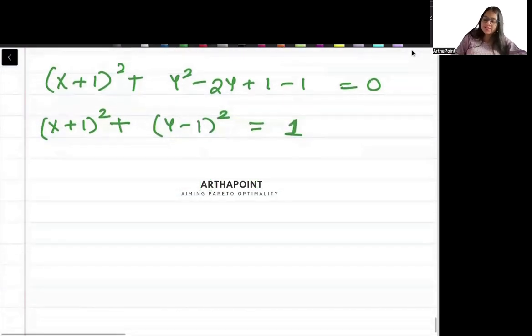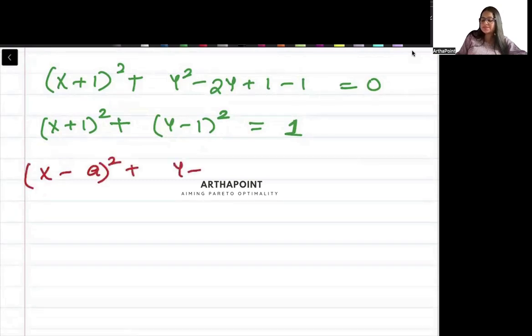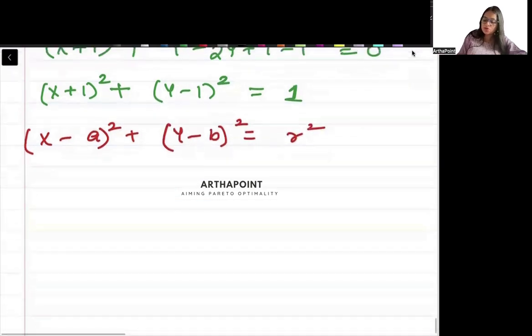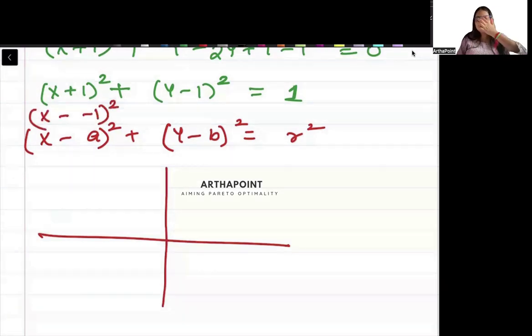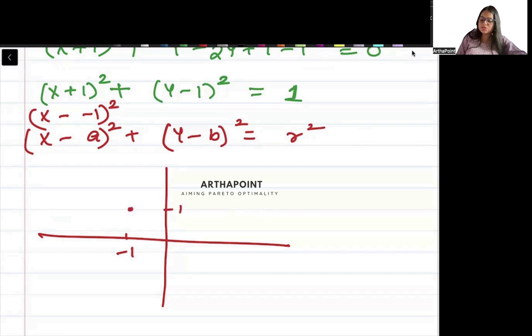You can now compare it with x minus a whole square plus y minus b whole square is equal to r square. So the center now becomes, beta, यहाँ पे हो जाएगा x minus -1 whole square, okay ना? So the center now becomes x will be -1 and y will be 1. This will be your center and radius will be 1. So this will be your level curve. This will be your circle, right?